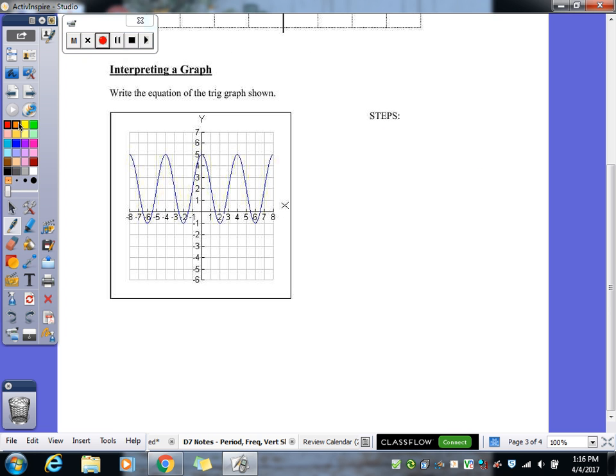So our steps in doing so, much like when you graph it: first thing you have to figure out is, is there a midline? Now when you have the graph and you're trying to find if there's a midline, the way we do that is your high value plus your low value, and then you divide it by 2.